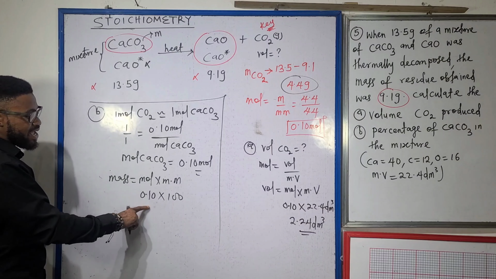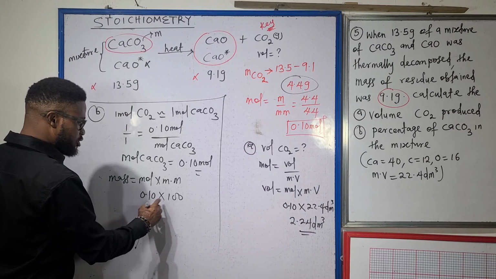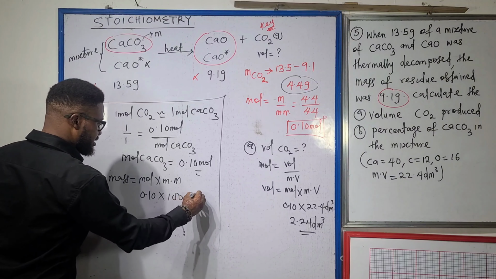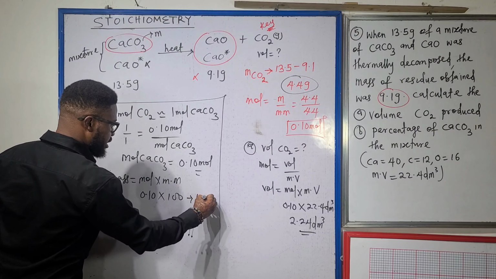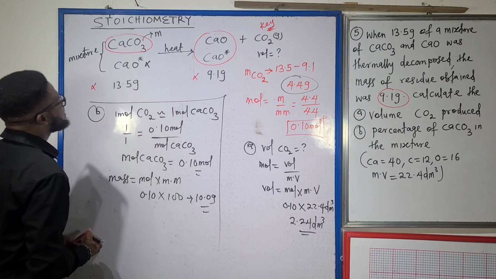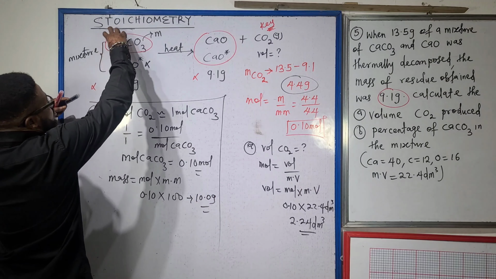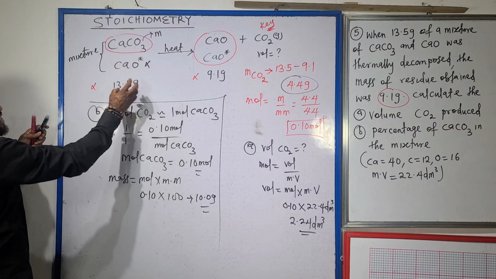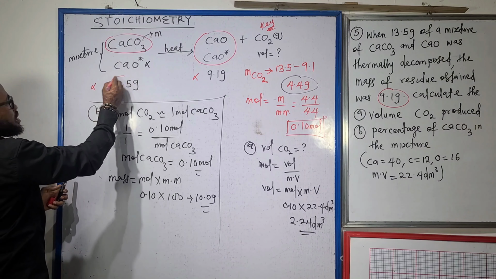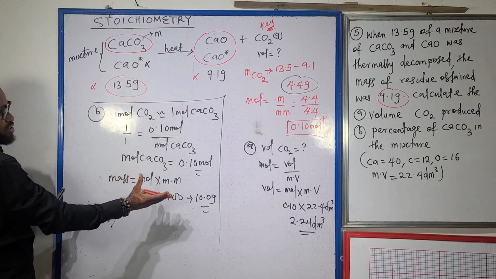That is 100. So 0.10 times 100 will give you 10.0 gram. Which means that the mass of calcium carbonate in this mixture is actually 10.